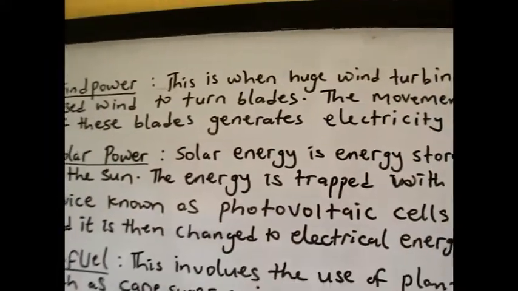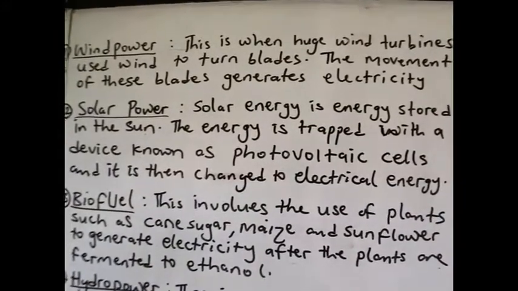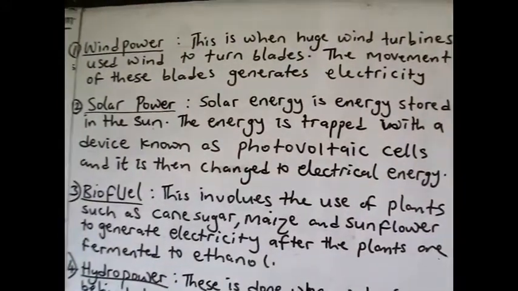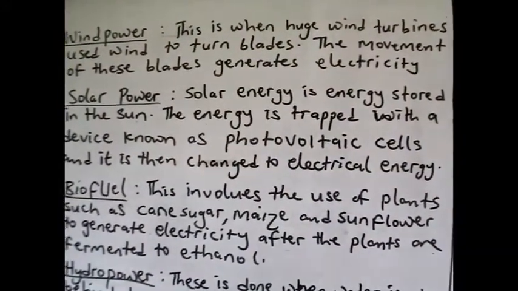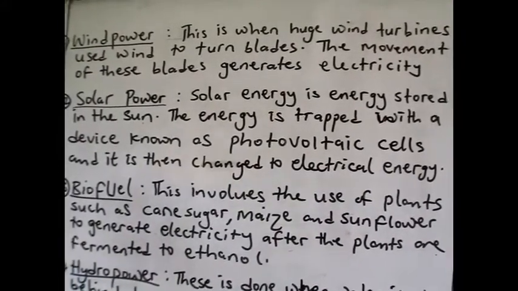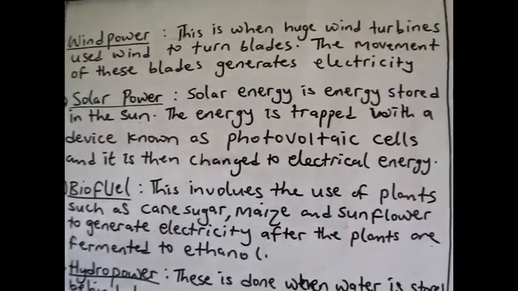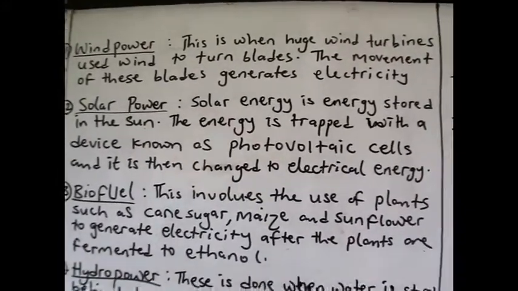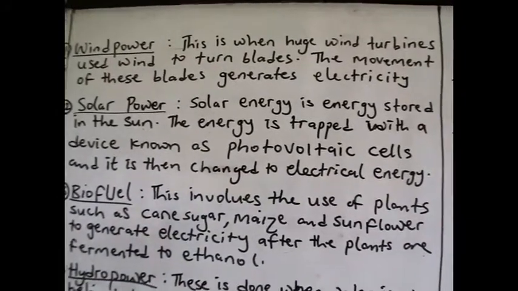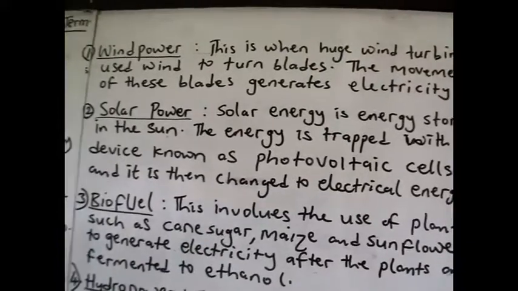Wind power. This is when huge wind turbines are used to turn the blades of a device that has large blades. They use wind to turn these blades, what we call the windmill, and that movement of the blades generates electricity.